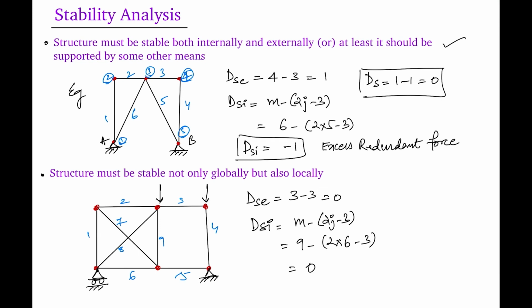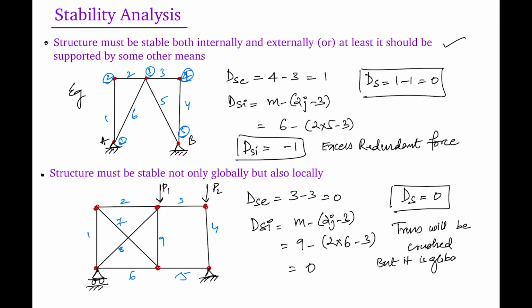This is also 0. Total determinacy is equal to 0, because 0 plus 0 is 0. This truss will get crushed by these two forces, P1 and P2. But it is globally stable.